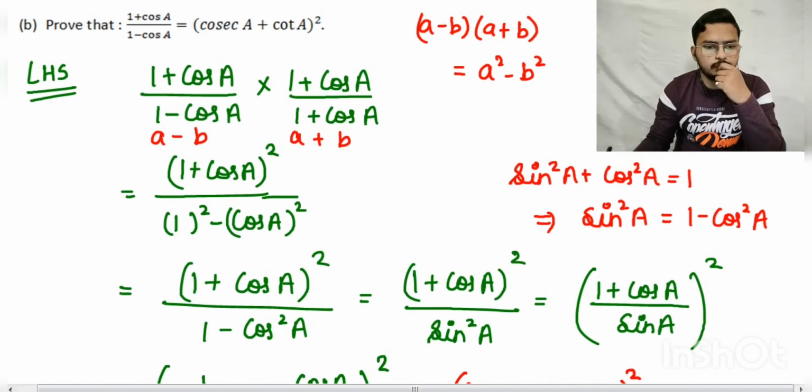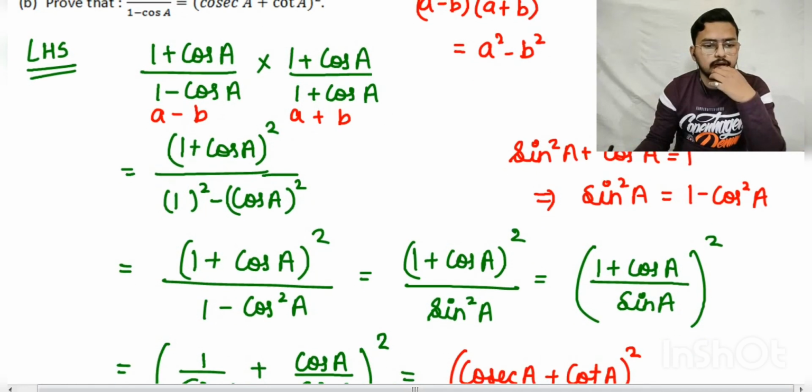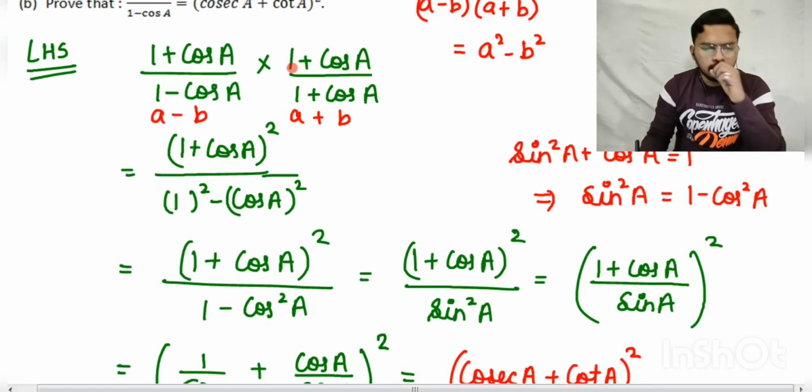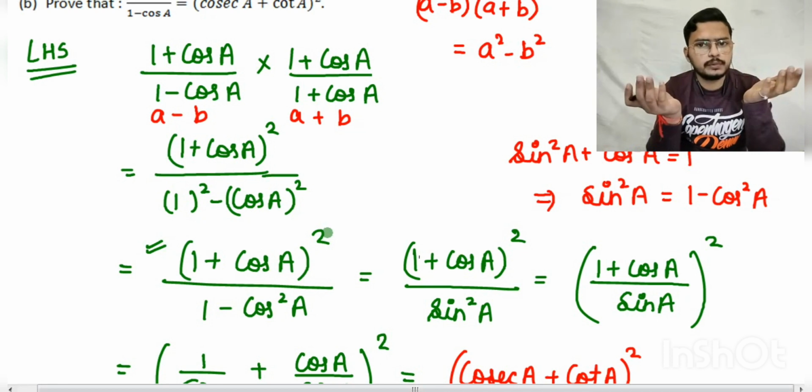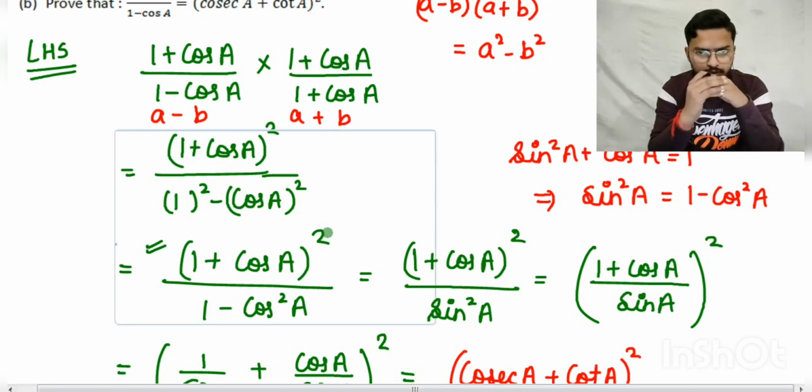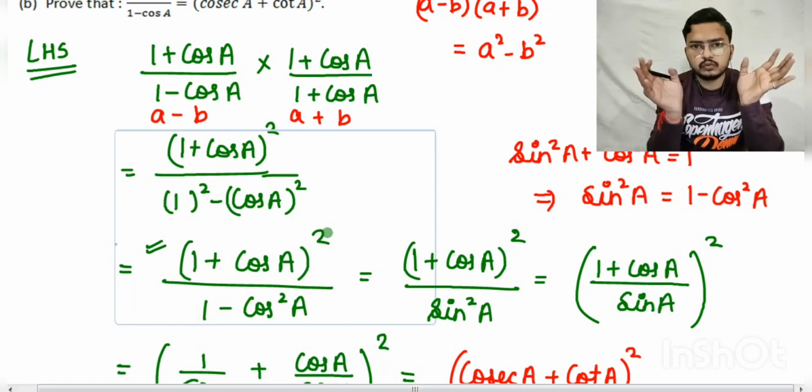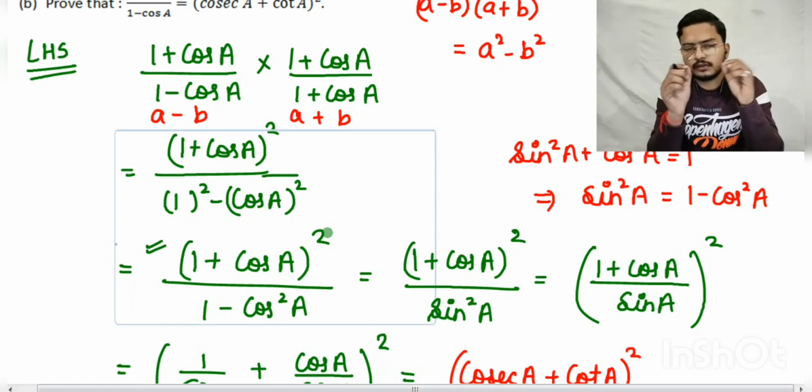The main thing in this particular question is that after doing the rationalization, many of the students just opened the whole square. So here there is no need to open the whole square. It can also be done by opening the whole square, but I am telling you that after opening the whole square, that particular question will become lengthy and tricky, right?